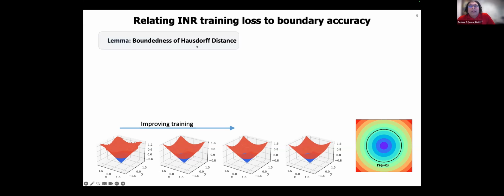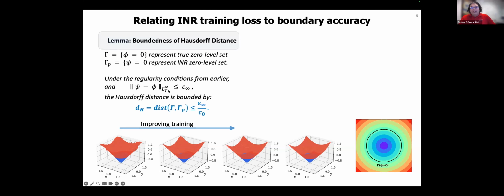I can evaluate the difference with the Hausdorff distance. Now, can I bound this Hausdorff distance by the training error of my implicit neural representation? Because if I know how much my loss is going down, that gives me a handle on how good my zero level set is, and that's going to be useful for us.